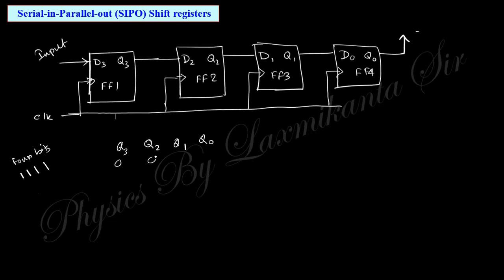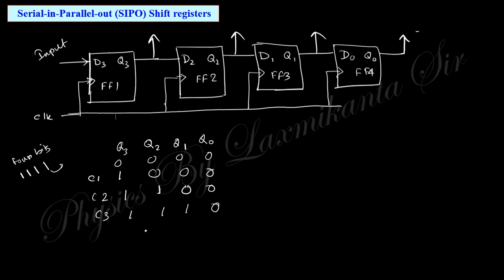At initial all are 0, and parallel out means taken out from each point. So this is out. When clock pulse 1 is processed, this one is shifted from that one. So Q3 is 1, these are 0. When clock pulse 2 is processed, this one goes to that one, and the previous one.